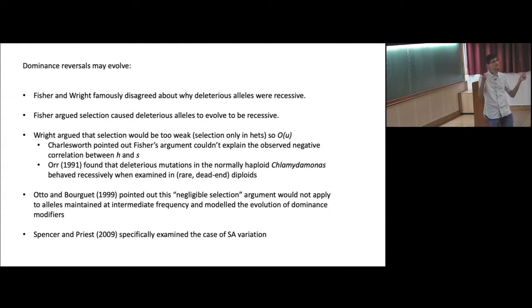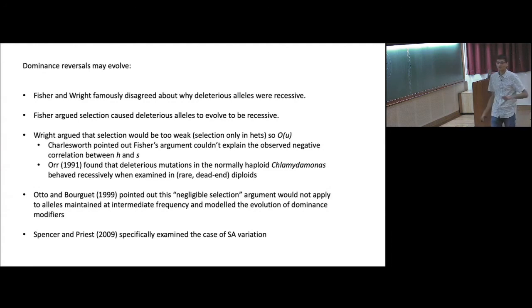So what we tend to observe is that alleles that are lethal tend to be highly recessive, and alleles that have small effects on fitness are partially recessive or almost additive. And you wouldn't predict that relationship under Fisher's argument.